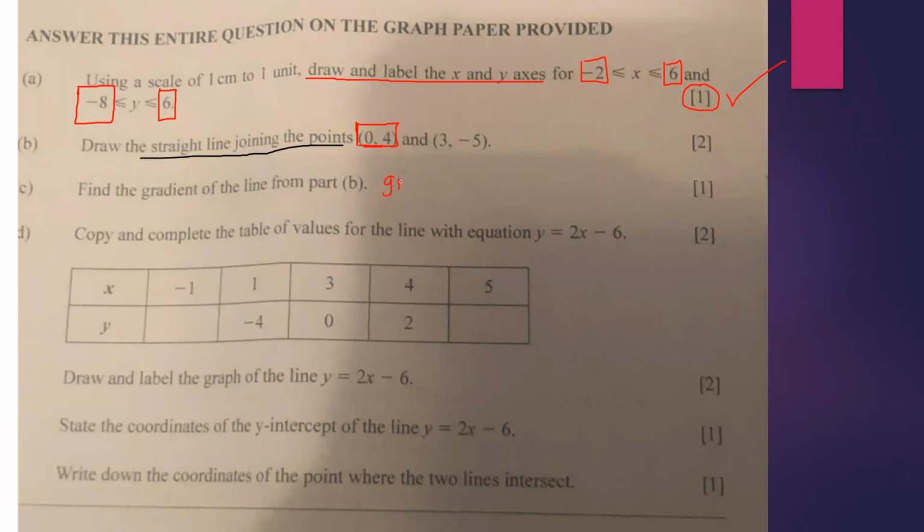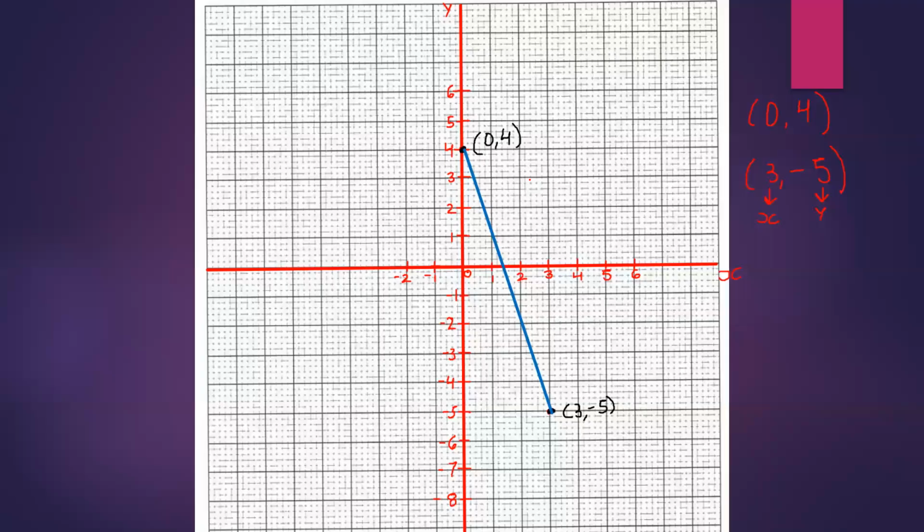Okay, so if I remember correctly, the slope is m. So we're going to put the formula m equals y2 minus y1 over x2 minus x1. Okay.